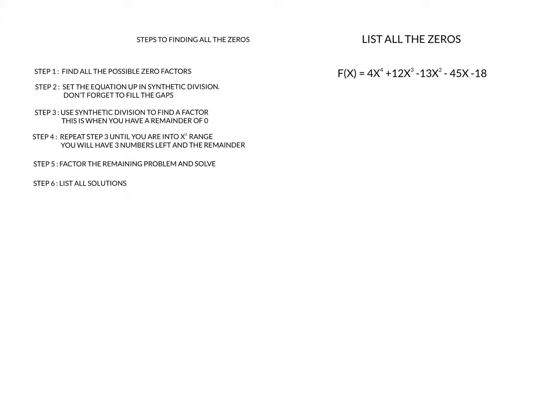Alrighty, let's have some fun with this one. Again, let's get our possible factors, our P and our Q. Our P: 18, plus or minus 1, plus or minus 2, plus or minus 3, plus or minus 6, plus or minus 9, plus or minus 18.